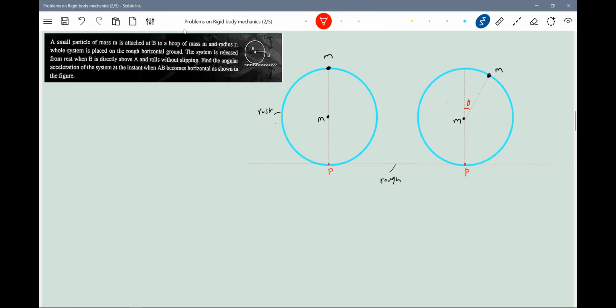Where is the instantaneous axis of rotation? It is here. If this is theta, what can be this angle? Theta by 2 from the geometry.